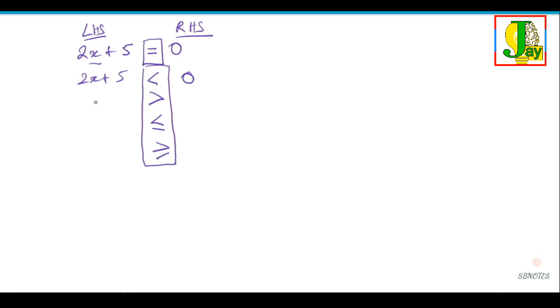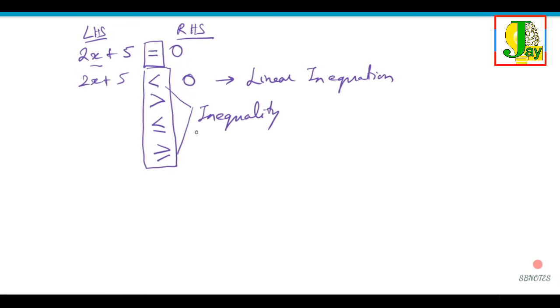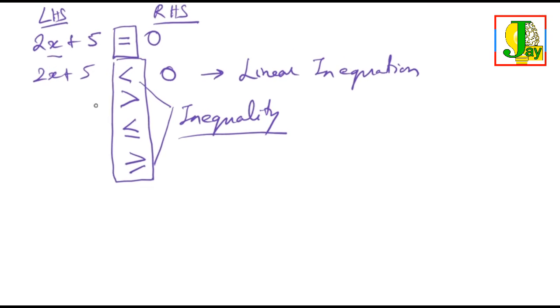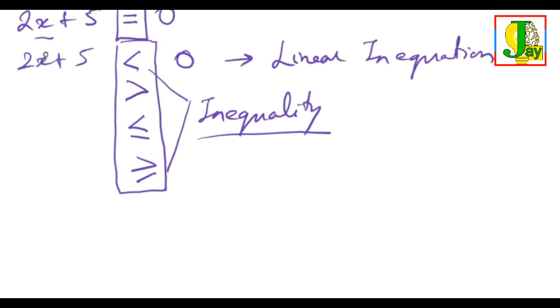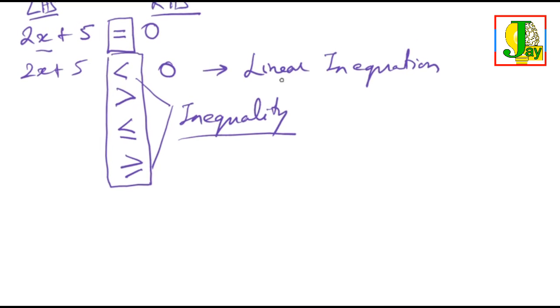How do we read it? 2x plus 5 is less than 0. This is an example of a linear inequation, with the help of these inequality signs. I hope you understood the meaning of linear inequation.